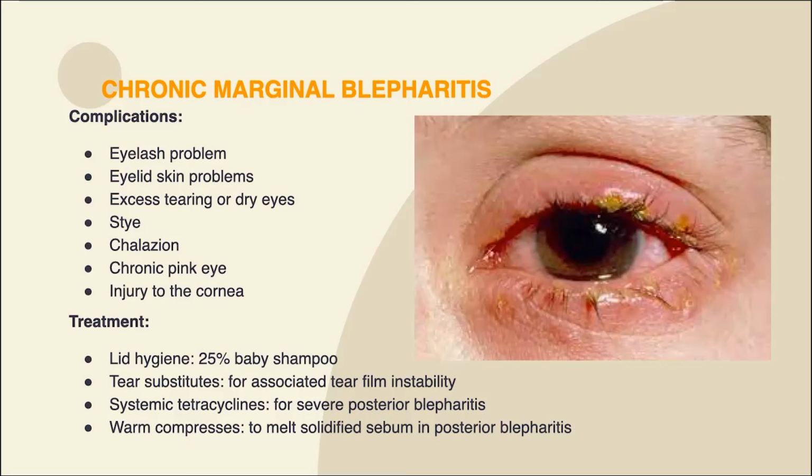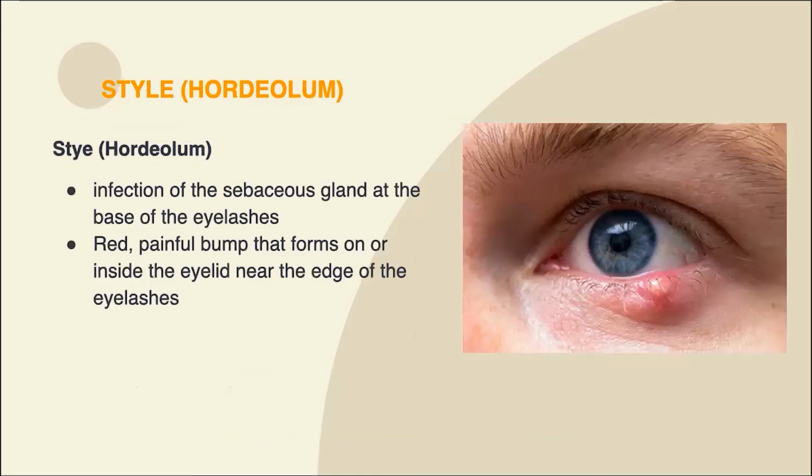It is best treated by lid hygiene using 25% baby shampoo, tear substitutes for associated tear film instability, systemic tetracyclines for severe posterior blepharitis, and warm compress to melt solidified sebum in posterior blepharitis.